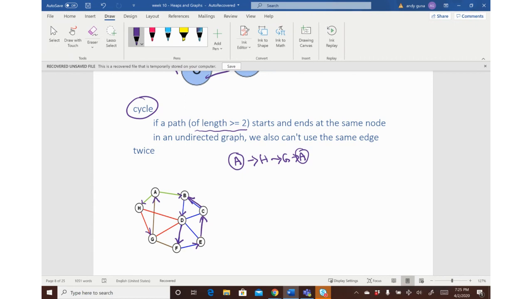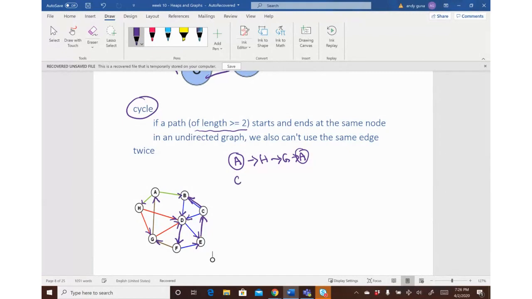Someone says CDEC. Oops, I need to put some arrows here. If I put the arrows, CDEC would be fine. I didn't put all the arrows in all of them. Okay, so now they're all directed. So yes, that's correct.